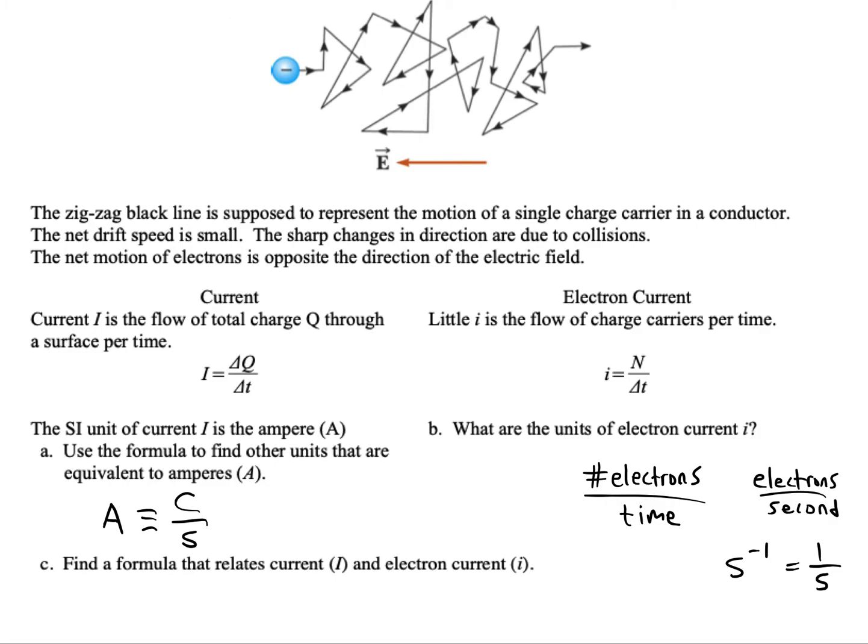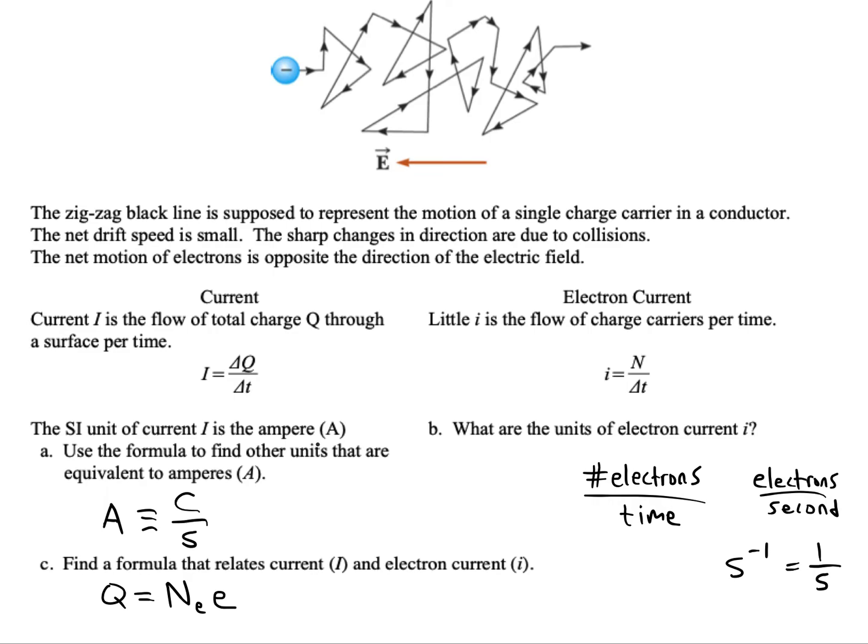We want to find a formula that relates current I and electron current little i. For this, we can use our formulas from the past. One of them would be that Q equals big N, a number of electrons, times e.